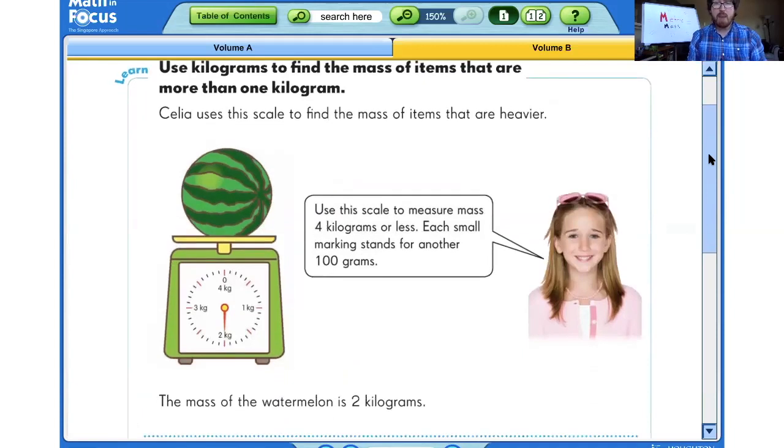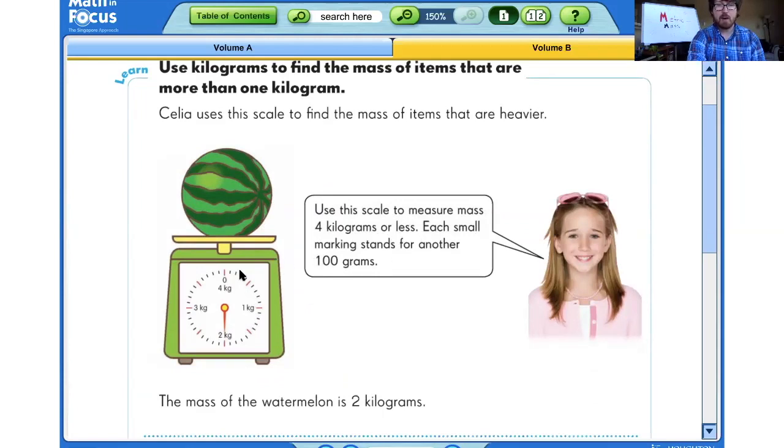So now we're going to find the mass of this watermelon, which is definitely more than a can of beans, definitely more than a kilogram. And here we have our kilogram scale. So we're using this scale to measure the mass of 4 kilograms or less. So it can't go over 4 kilograms.